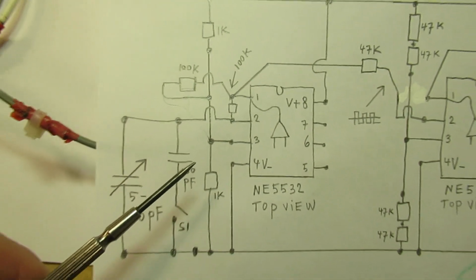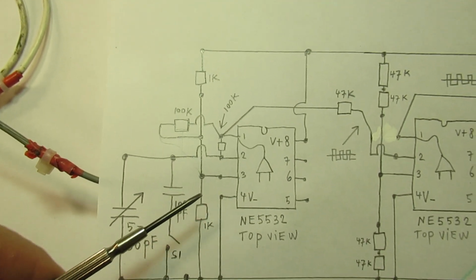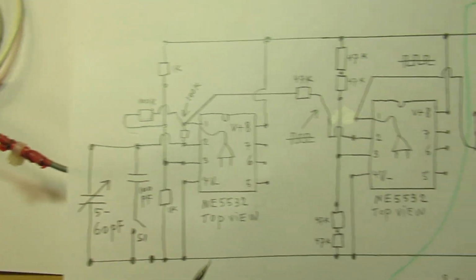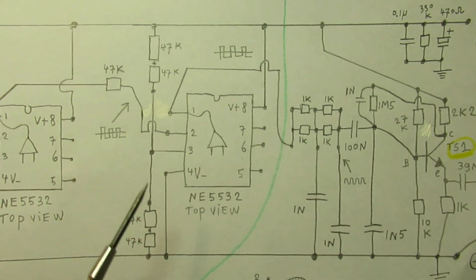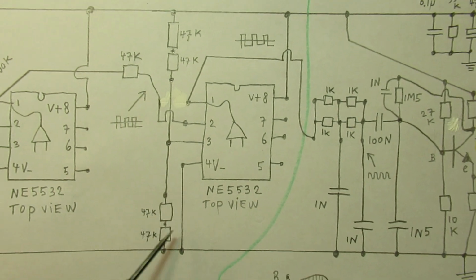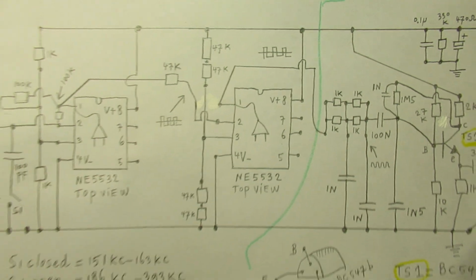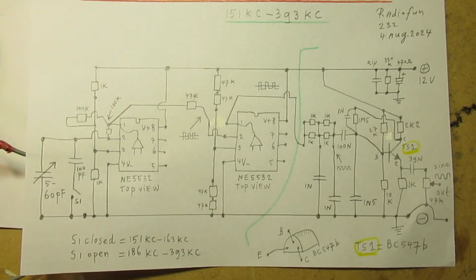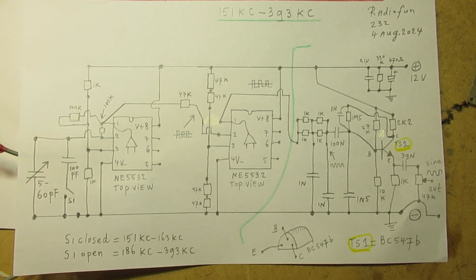And that's more or less the reason why you see it here. 1K, that works good, and here you see exactly the same, by the way, but now it is 100K here and 100K here. When you know a little bit about electronics and op-amps, you will surely understand how that works.